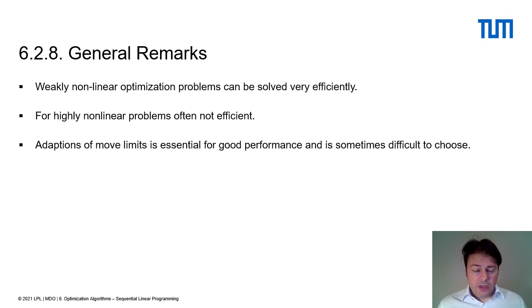And also you need to choose your move limits wisely for good performance. And for that, well, we cannot make a general recommendation. That is something that is very problem specific, and you may have to play around until you find a good value that controls the evolution of your move limits.